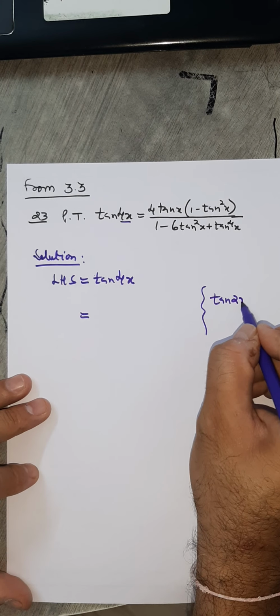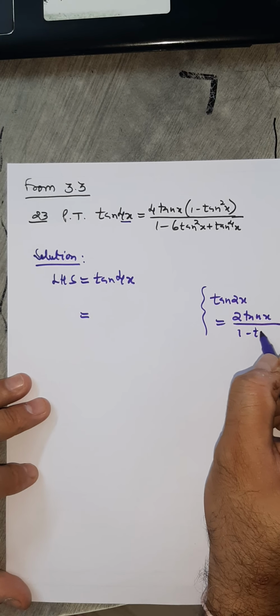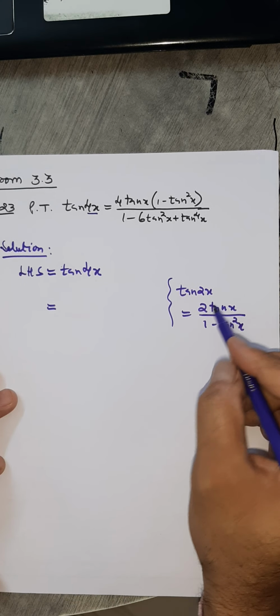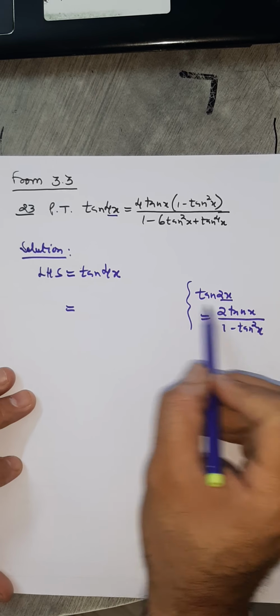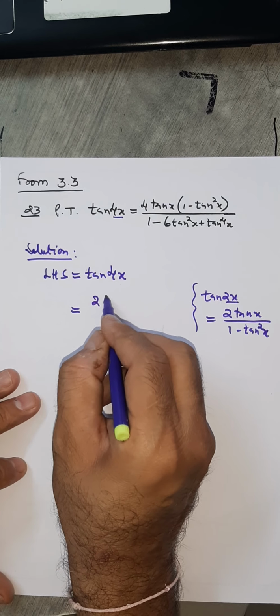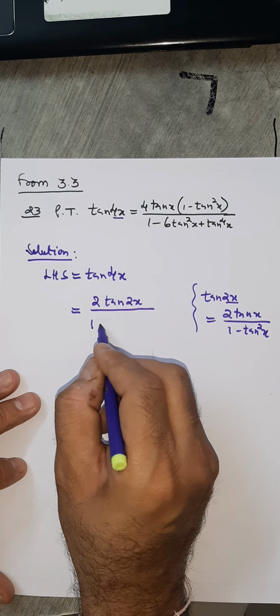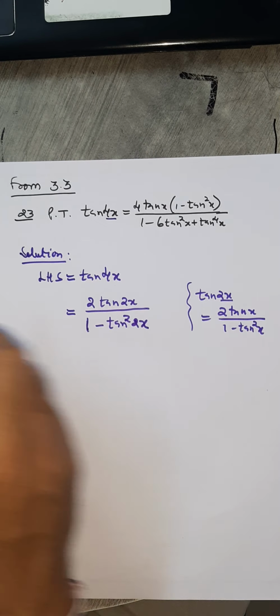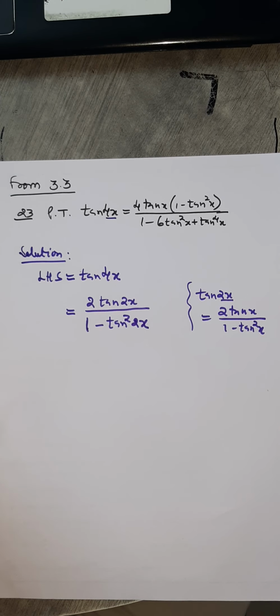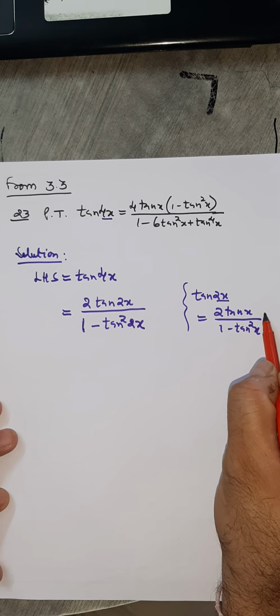Tan 2x equals 2 tan x upon 1 minus tan square x. I'll use this: 2 tan x equals 2t upon 1 minus t square. Remember, you had 2x, here it is x. So here I'll get 2 tan 2x upon 1 minus tan square 2x. Which formula have I used? You know the formula for sine, cos and tan in terms of the tan function, right?